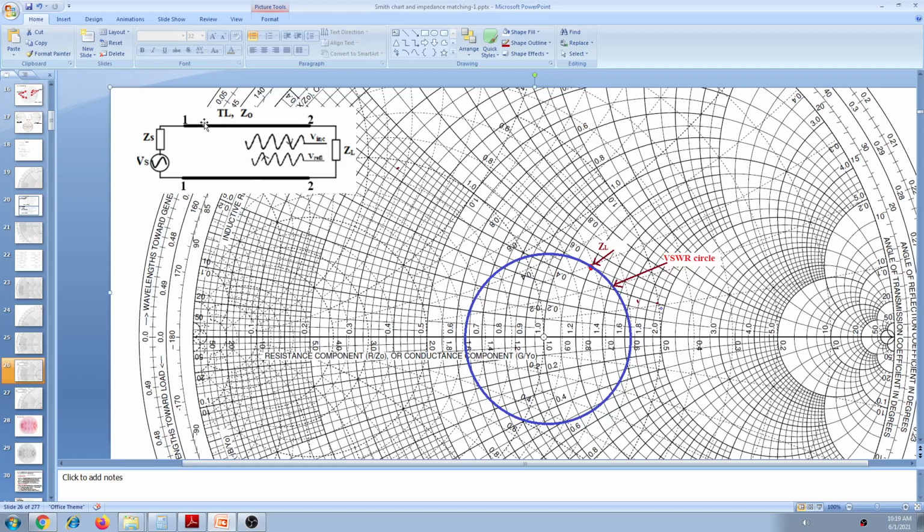So at any position over this transmission line, the voltage, current or impedance is due to the addition of these two signals, the incident wave and the reflected wave. Because the incident and reflected waves propagate in opposite directions with the same frequency, we will get standing waves on the transmission line.